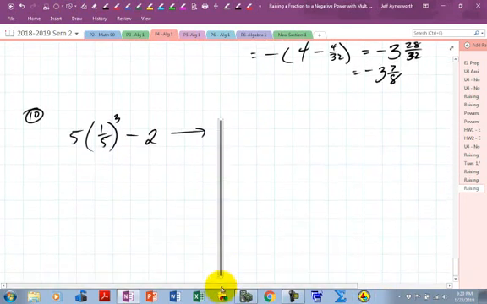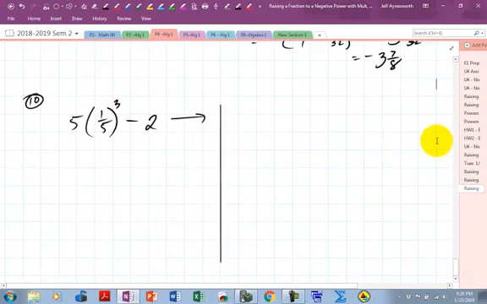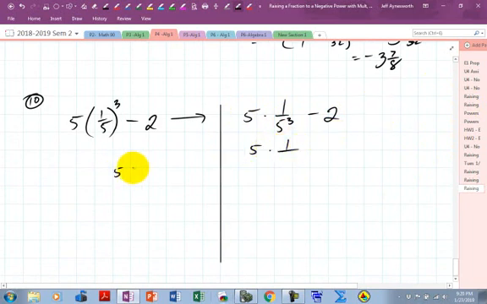There we go. All right, is 5 times 1 divided by 5 cubed minus 2. And this is 5 times 1. Let me see, 5 cubed is 5 times 5 times 5. That's 25 times 5, or 125. So 125ths. All right, minus 2.